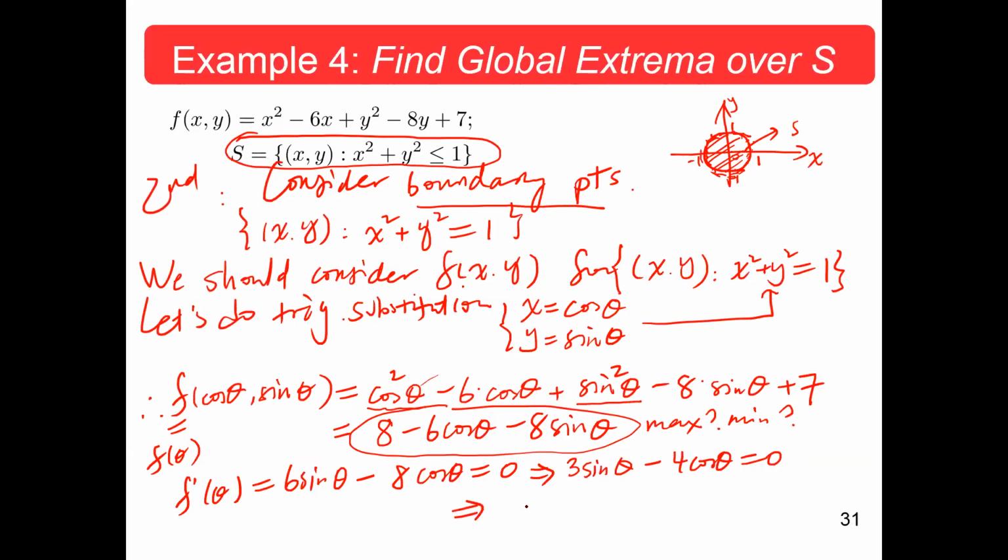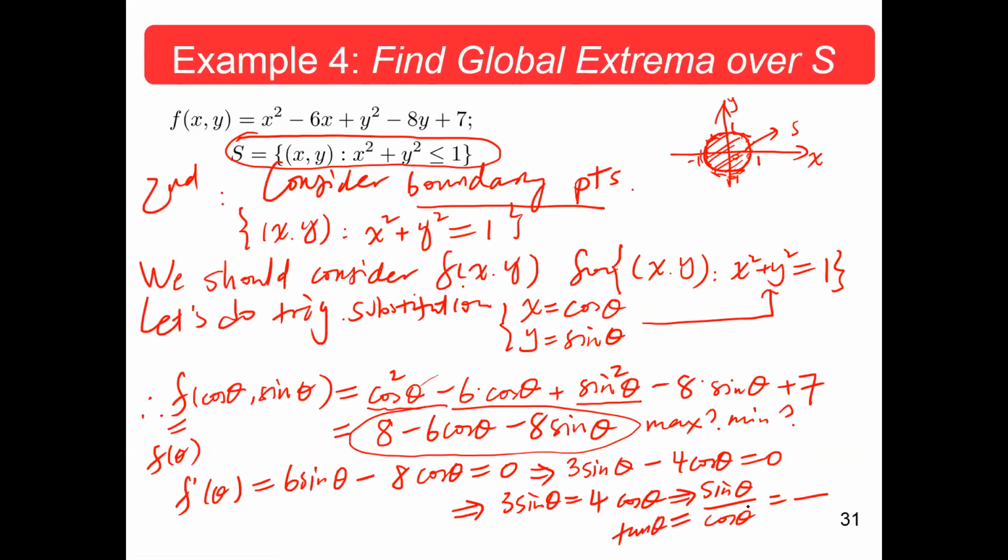Does that tell us that 3 sine theta is the same as 4 cosine theta? Yes, I move the 4 cosine theta over. So sine theta divided by cosine theta, what is that? Tangent.